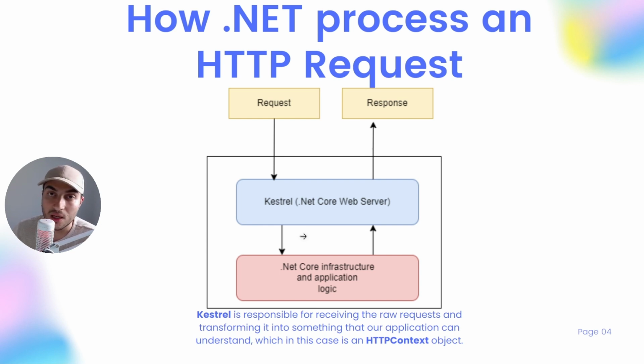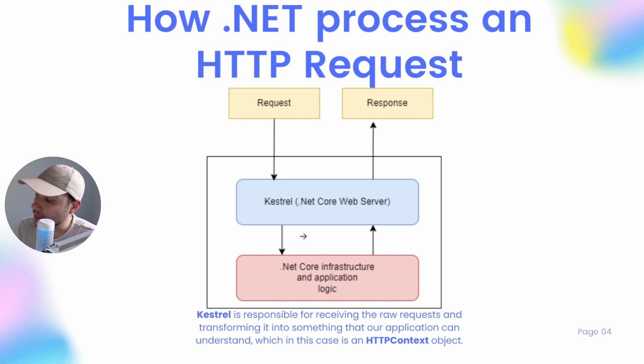And just one thing that I want you to understand, as we can see in the definition down below, is that Kestrel is responsible for receiving the raw requests, as we saw before. For example, if we have a proxy, it is going to just send us back the raw requests.